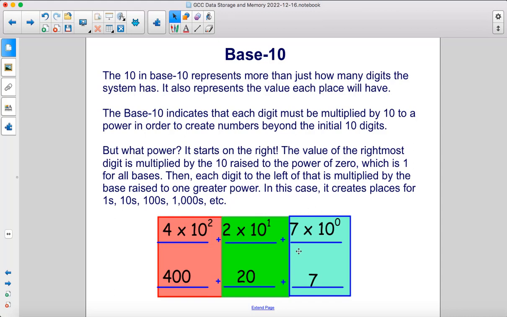The value of the rightmost digit is multiplied by the 10 raised to the power of 0, which is 1. Then each digit to the left of that is multiplied by the base 10 raised to 1 greater power. In this case, it creates places for ones, tens, hundreds, thousands, etc.